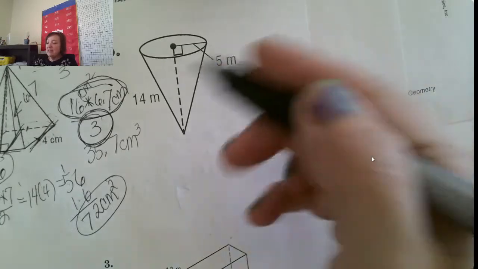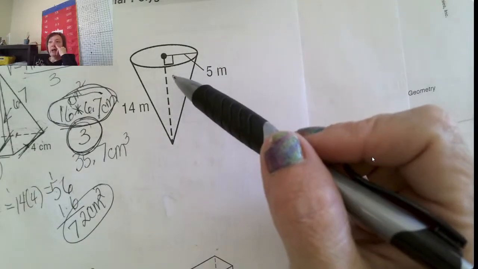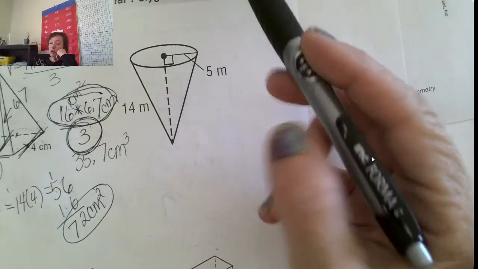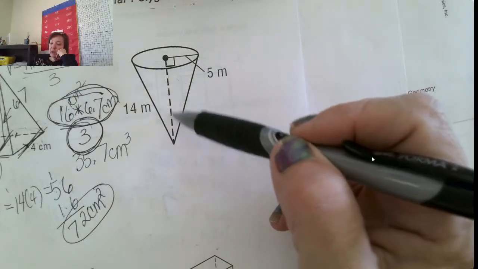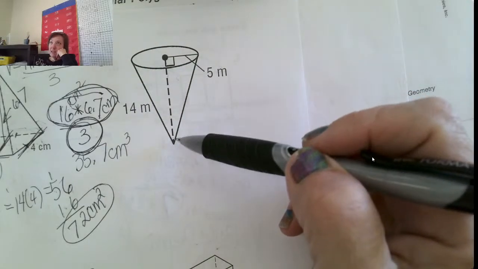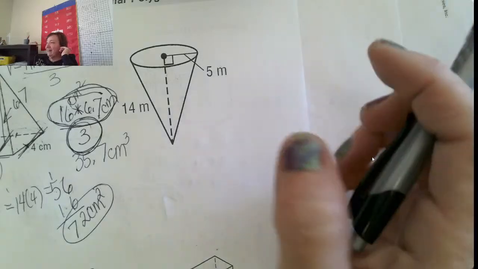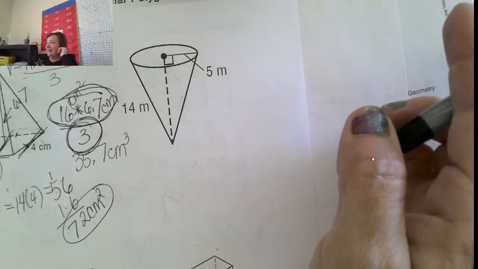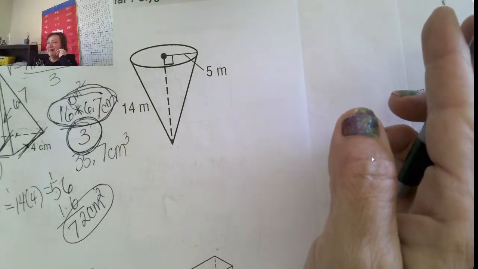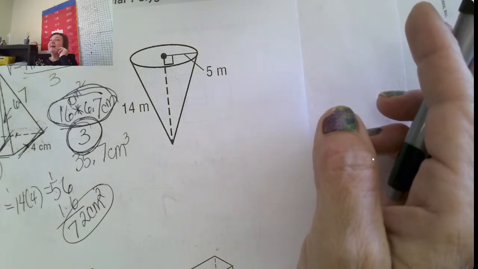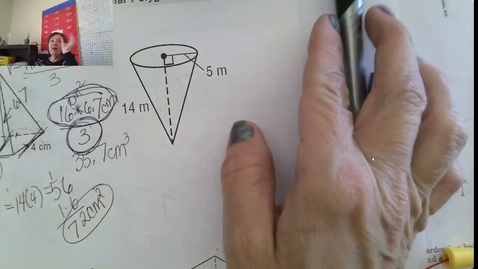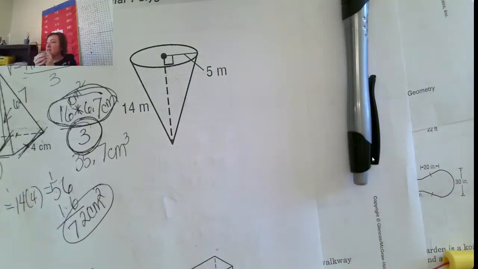Okay. Now, let's talk about a cone. Y'all know those drumsticks with the chocolate down in the bottom?